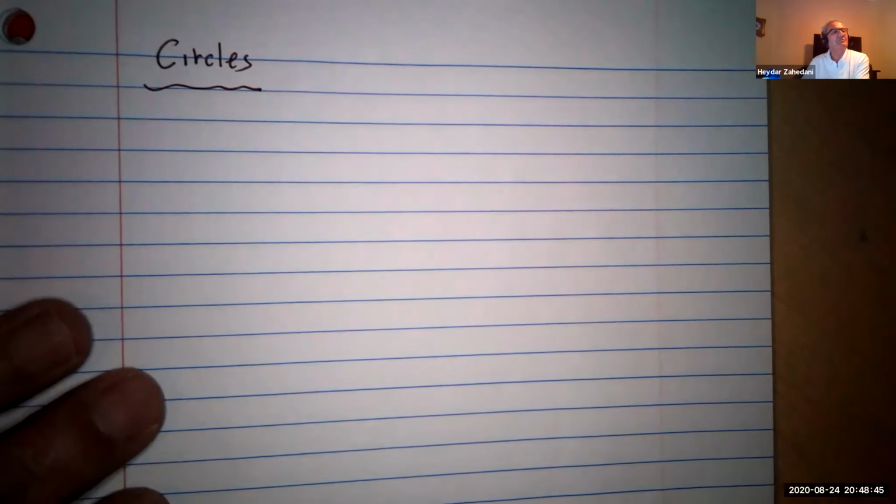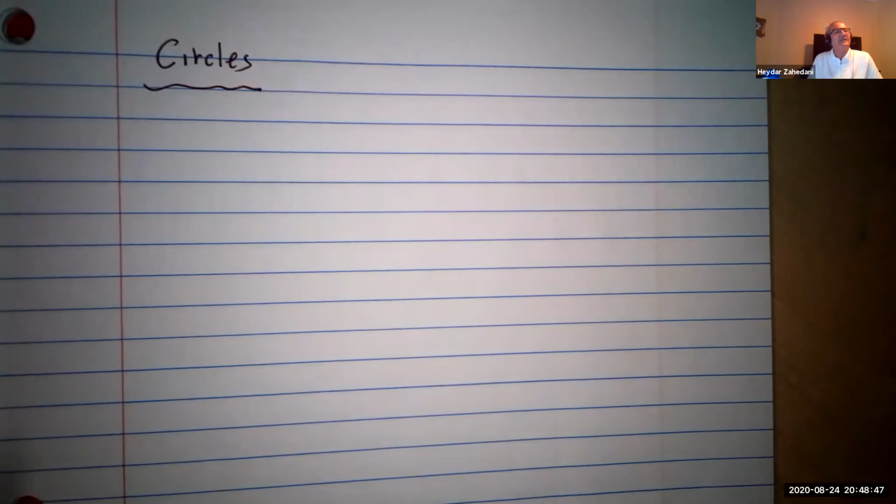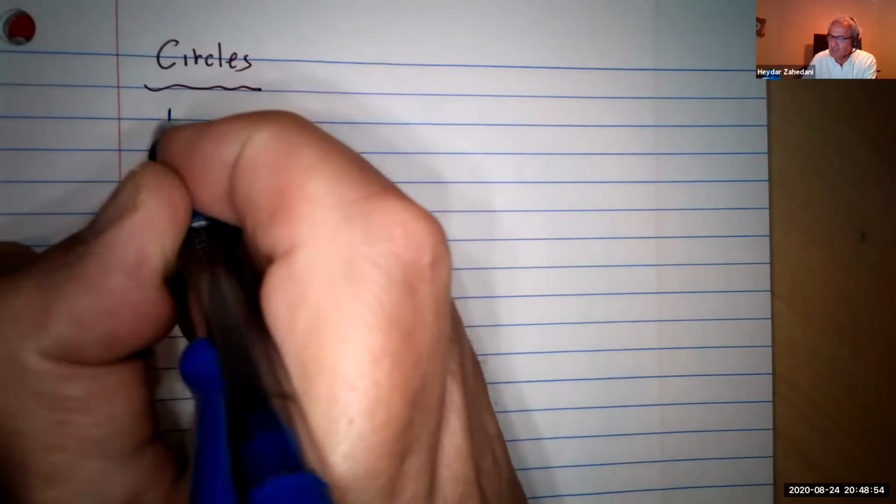Okay, this is it, circles. So what's going to be the definition of a circle? Let me just remind you of something that we needed for one problem. Just make sure you remember it. If 2 points are given to you, we are going to find the distance between the 2 points. Let's recall this one first.